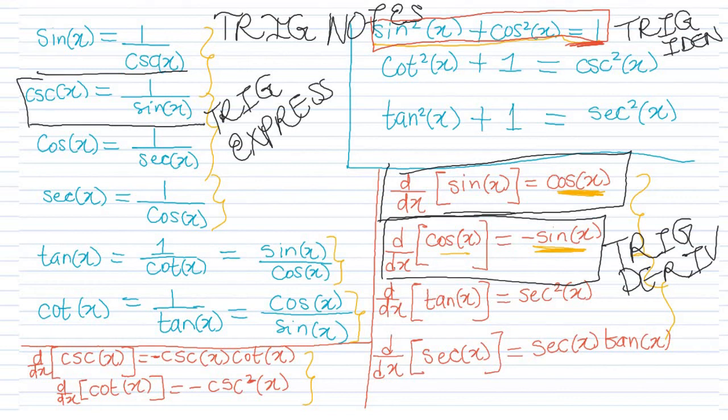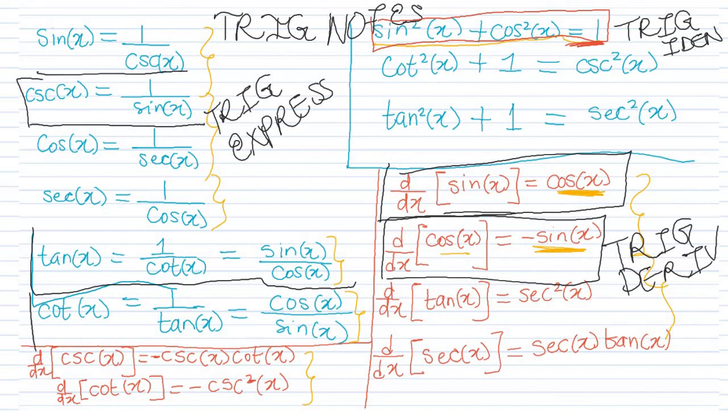Sine x equals 1 over cosecant x. So we have cosine x equals 1 over secant x. That doesn't help us much. But when we look at tan x, it is the same thing as 1 over cotangent x, which is the same thing as sine x over cosine x. That still doesn't help us much.